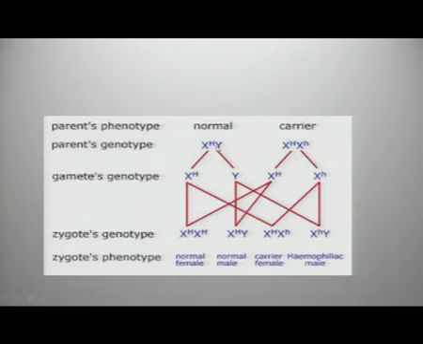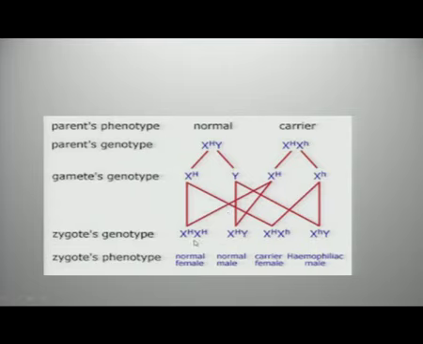This normal male individual produces two types of gametes, one with the normal allele on its X chromosome and the other without any allele for hemophilia in the Y chromosome. The carrier produces two different types of gametes, one X chromosome with a capital H allele and the other X chromosome with a small h allele. Due to random fusion, there are different possibilities.